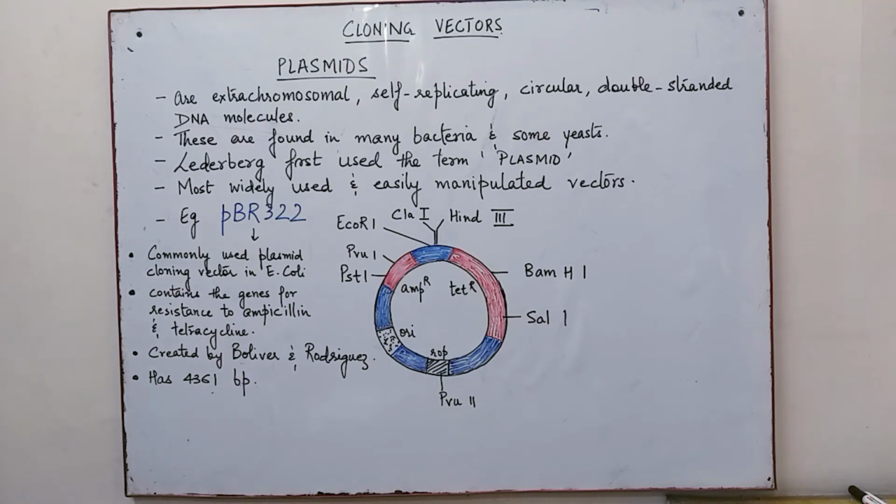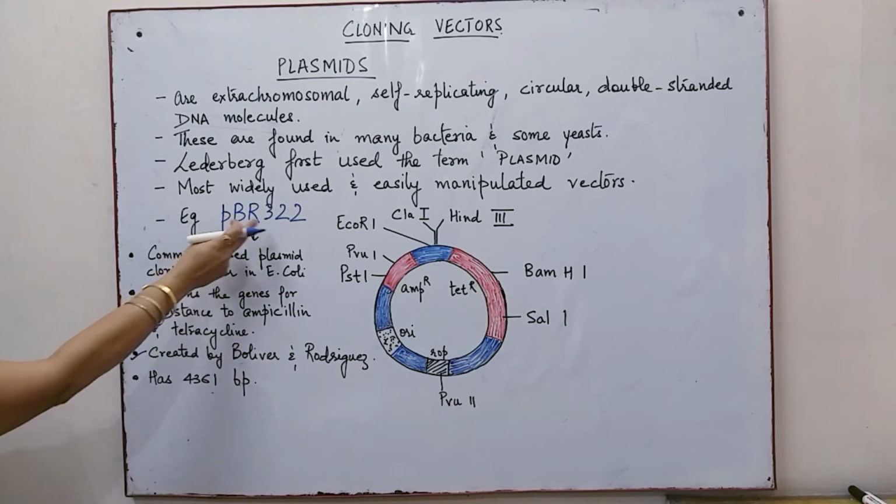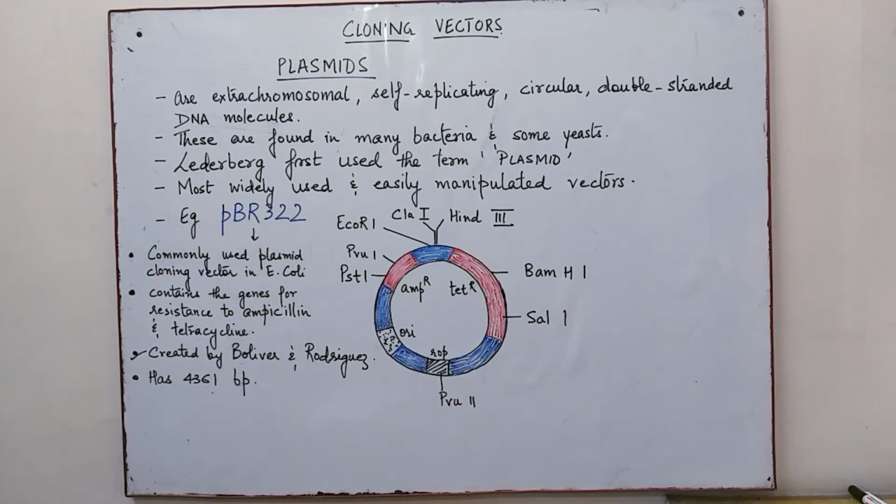Let us get an idea what is meant by this name. p stands for plasmid. BR is named after the scientists who created it, Bolivar and Rodriguez. And 322 is a specific number given to differentiate it from other plasmids. This is one of the important plasmids that has been used as a cloning vector over the years.